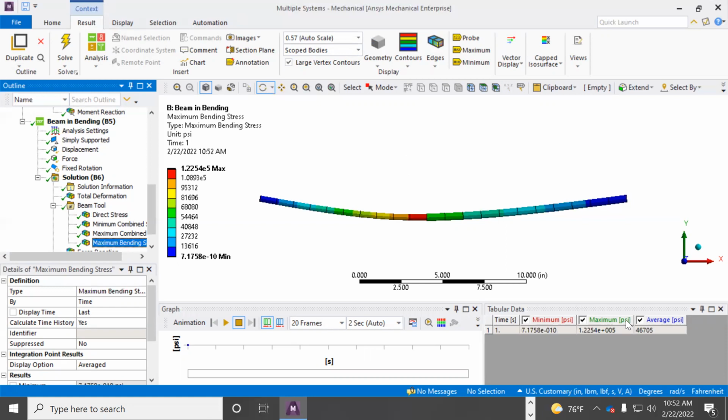If I look at the bending stress, I'm looking here at the maximum, so they're all positive. And you see here, I'm getting 122,000 PSI. Positive. Remember this number, 122,000 PSI. Now, if I look at the combined stress, what should I get?